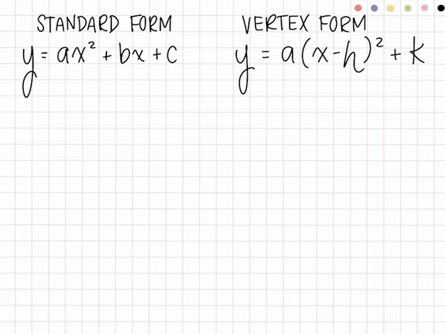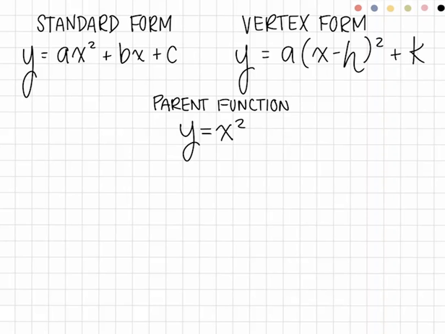Now, when we graph different relations in these forms, they're going to impact the parent function of the parabola. If you remember, the parent function is y equals x squared. So how does this parabola change based on the certain values that these variables hold?